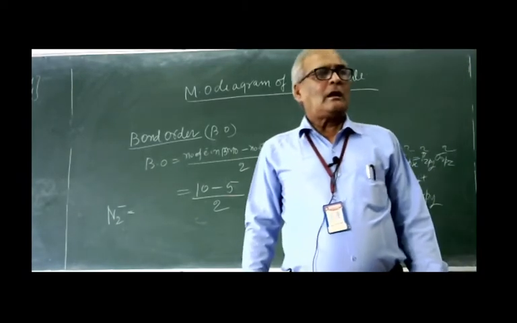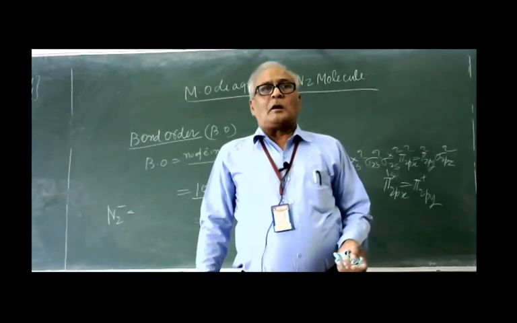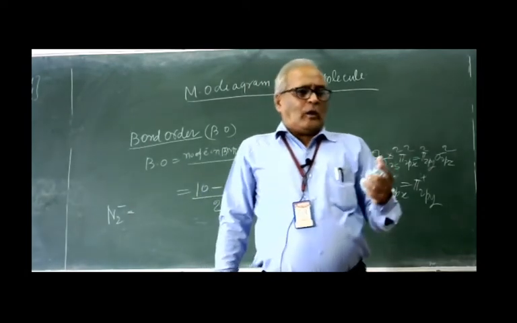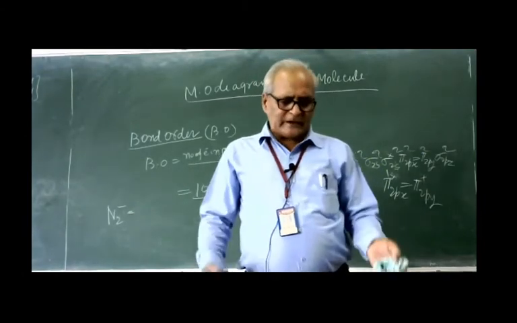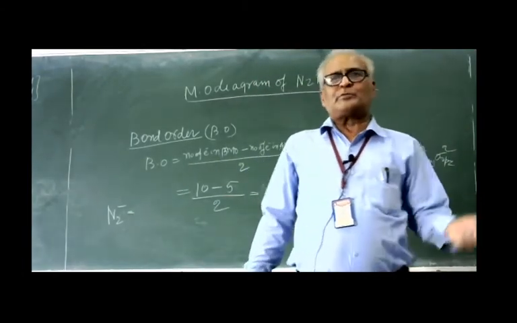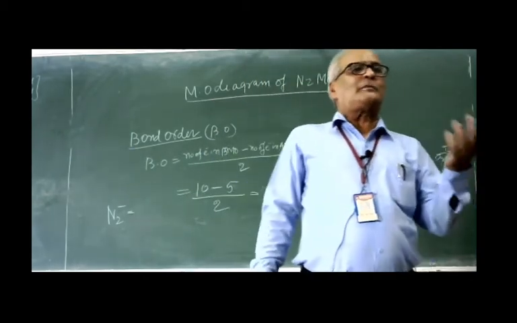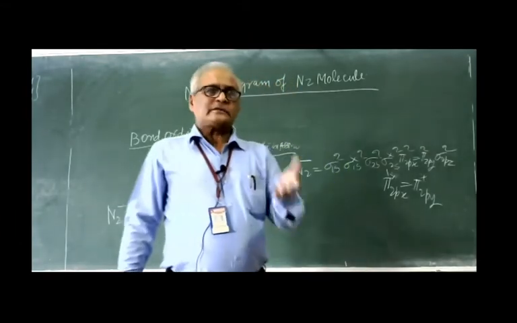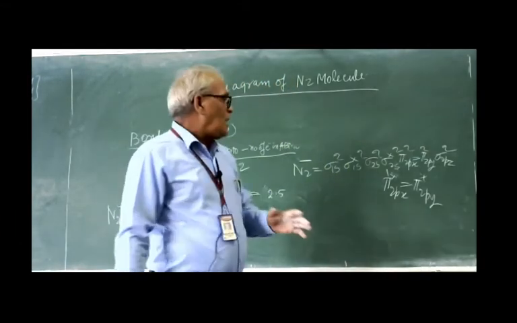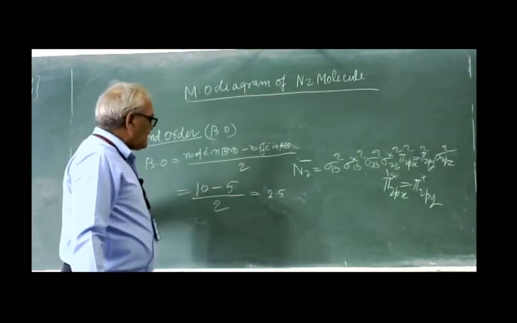There was the concept of resonance, no doubt, but 1.5 bond... everyone can ask, sir, it is not possible to have a 1.5 bond, or a 2.5 bond. Yes, it is possible, and such types of bonds are formed.